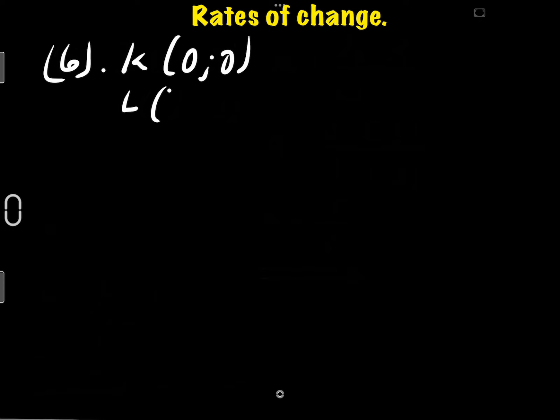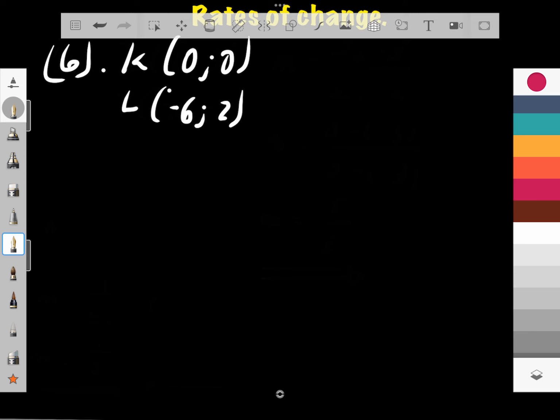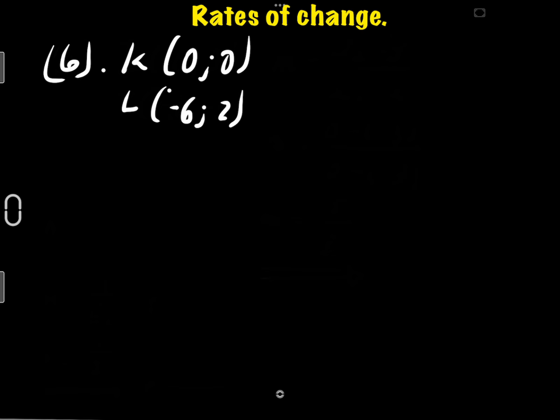The points at L are where x is -6 and y is simply 2. So by calculations, we're going to denote our gradient formula. m is equal to the change of y over the change of x.